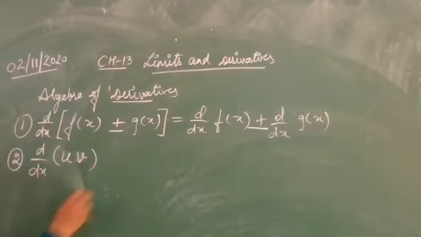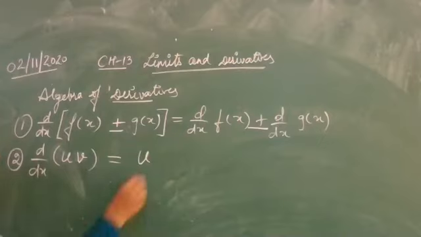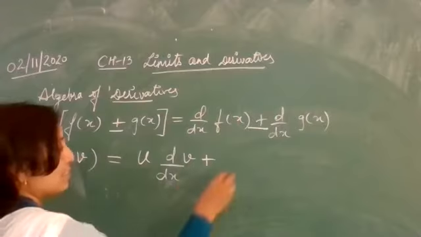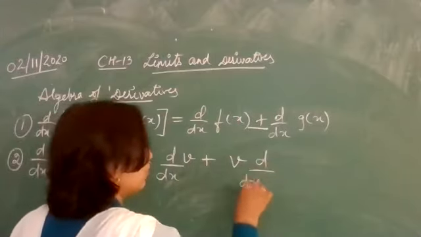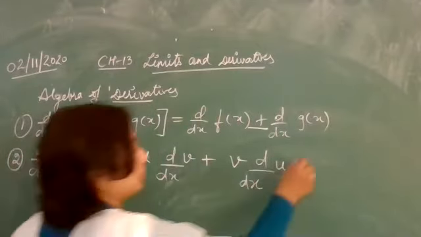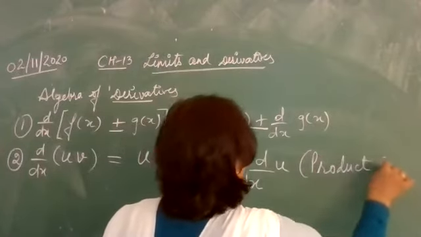So if we find the derivative, what do we write? First function as it is, derivative of second, plus second function as it is, derivative of first. This is termed as product rule. Very, very important rule.